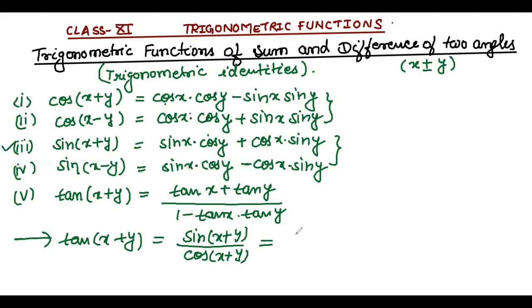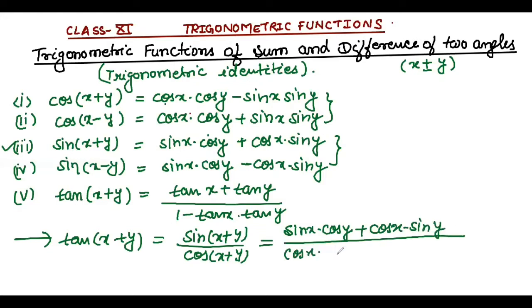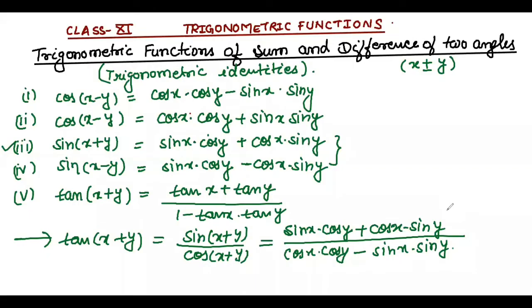That is sine x into cos y plus cos x into sin y, divided by cos x into cos y minus sin x into sin y. Now, we are dividing numerator and denominator by cos x into cos y.